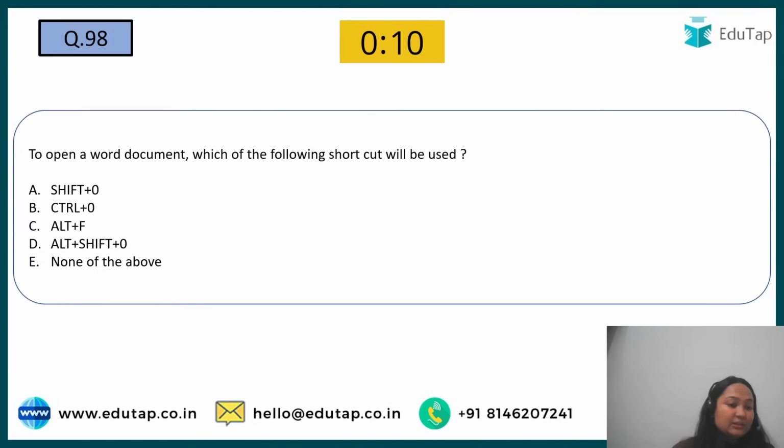Okay, now to open a Word document, which of the following shortcuts will be used? If you want to open a Word document in Windows, which shortcut will you use? It might be a little new to some of you, but try to answer. Shift O, Control F, Alt Shift O. What will be the correct answer if you want to open a Word document in Windows?